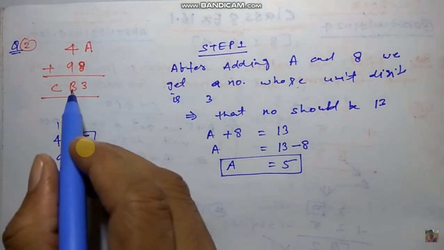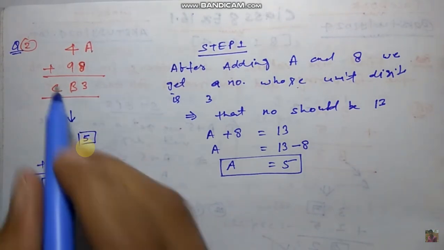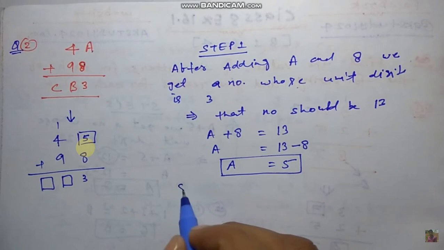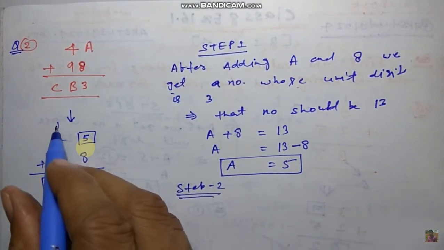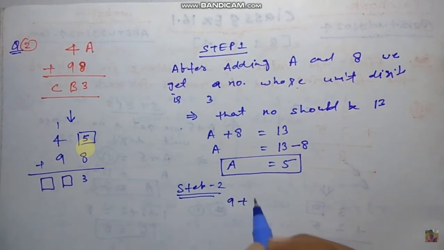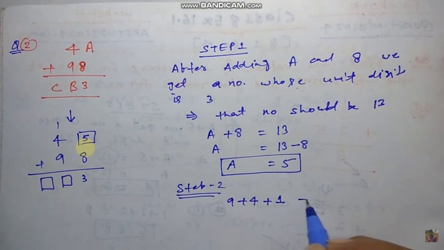So 5 plus 8 is 13, 1 is carry. Then 1 plus 4 is 5, 5 plus 9 is 14, with 1 carry. So we follow step 2: 9 plus 4 plus 1 carry.